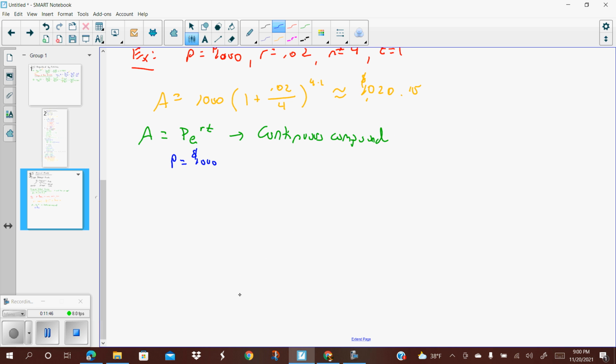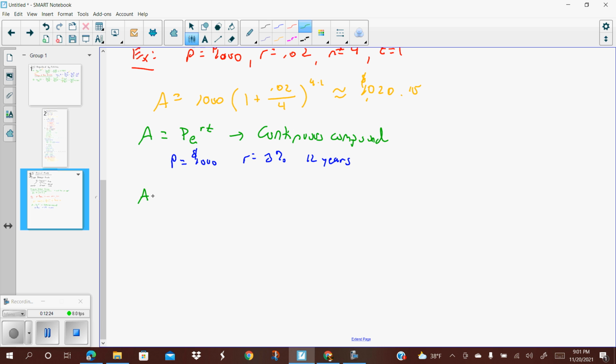We are given the interest rate is 3%, and it will be annual. We're going to do this over 12 years to see how much money we would return if we had an initial amount of $1,000 at a 3% rate for 12 years. What would be our amount that we get back?